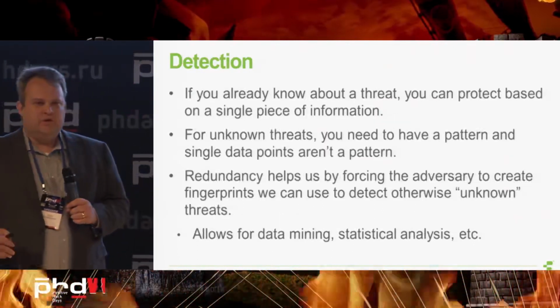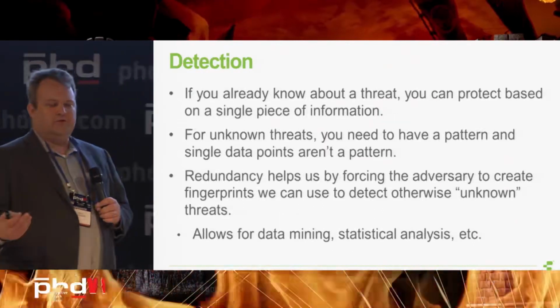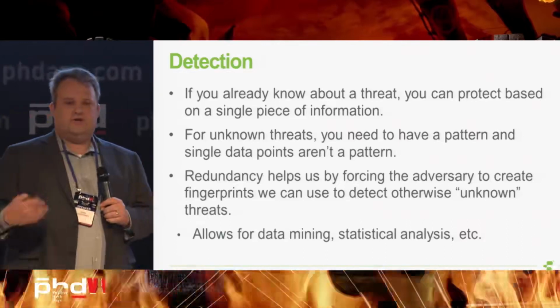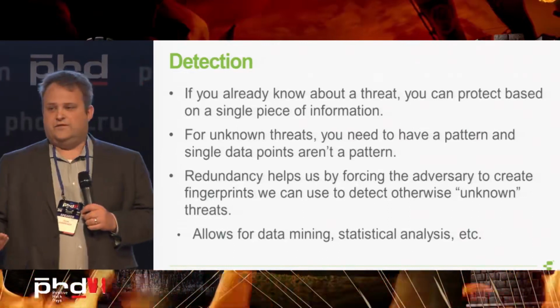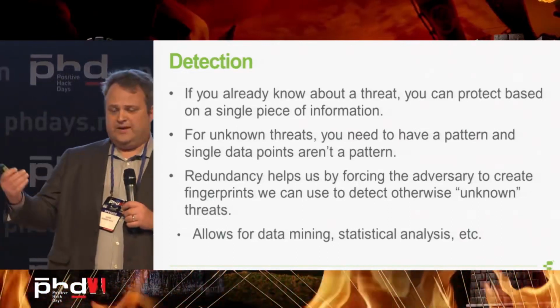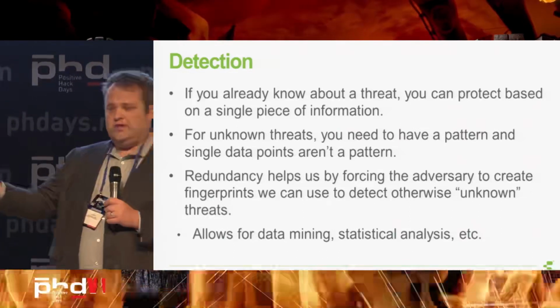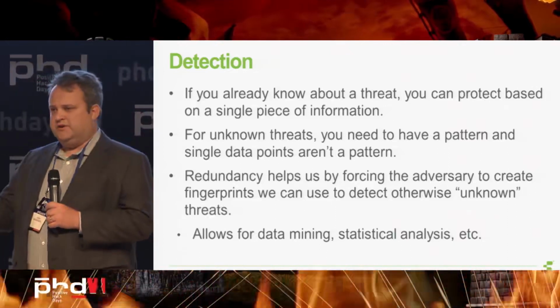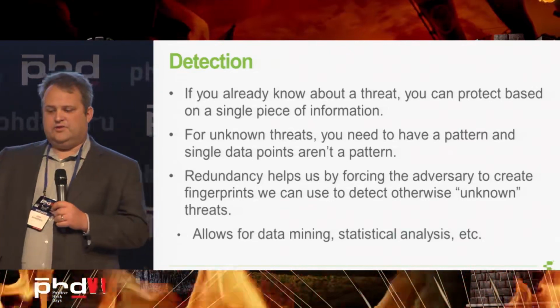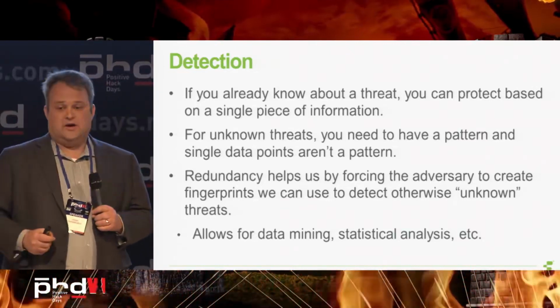Okay? So one of the first things you can do with redundancy is it creates some possibilities to increase detection of unknown stuff. For a static indicator, a host name, or an IP address, you have to know that it's malicious. Otherwise, you just have no information. But in redundancy properties, you have patterns that you can look for, and we'll talk about a couple of those.